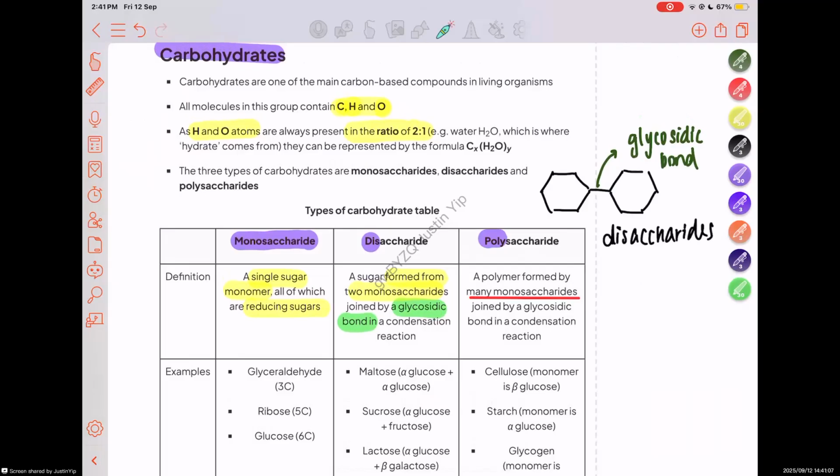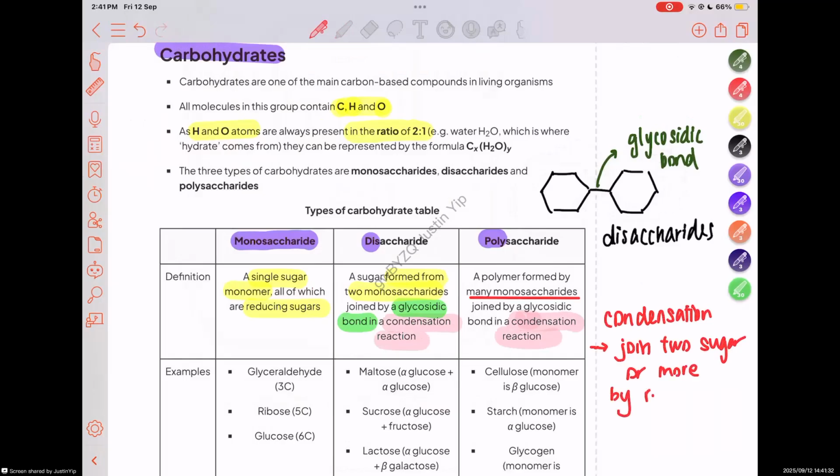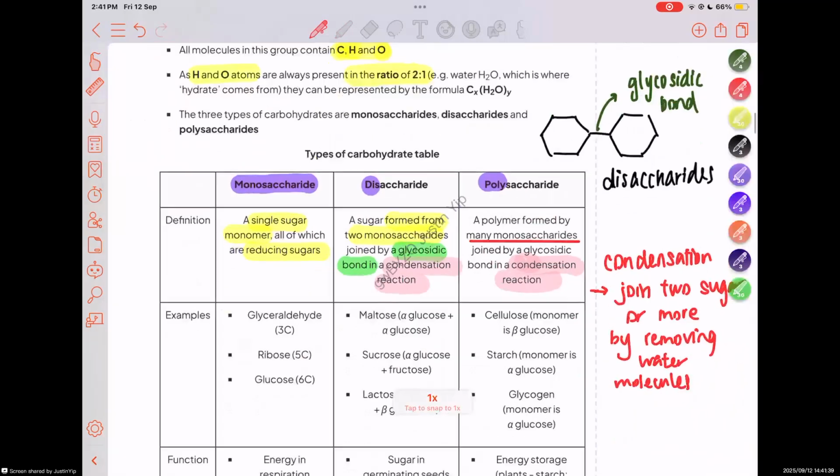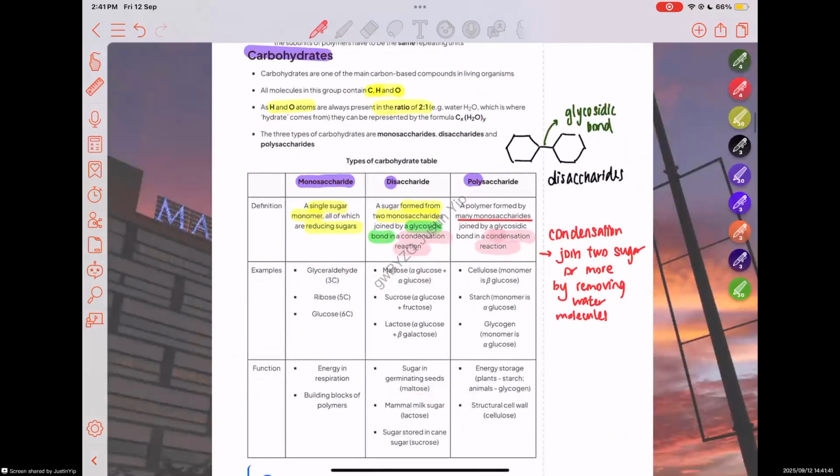So always remember, the process of forming a long chain, we call a condensation reaction. Condensation, you join two sugars or more by removing water molecules.